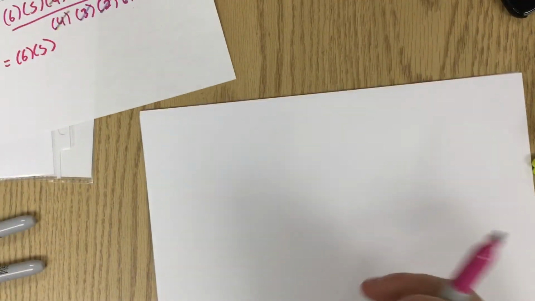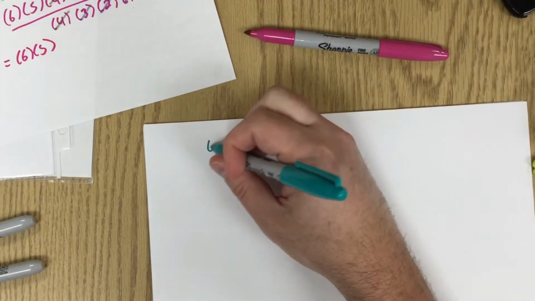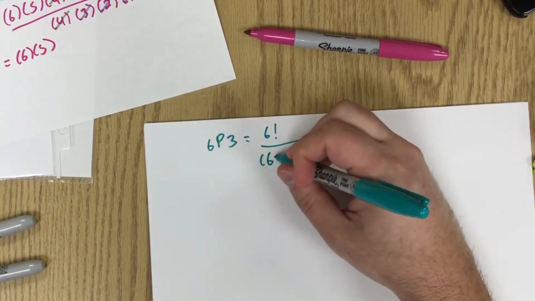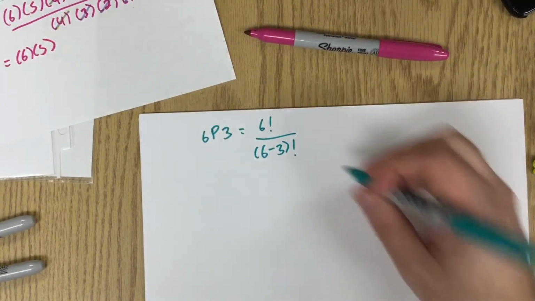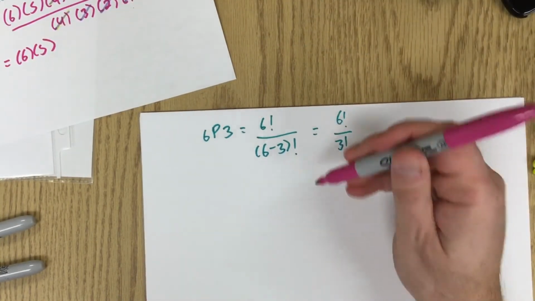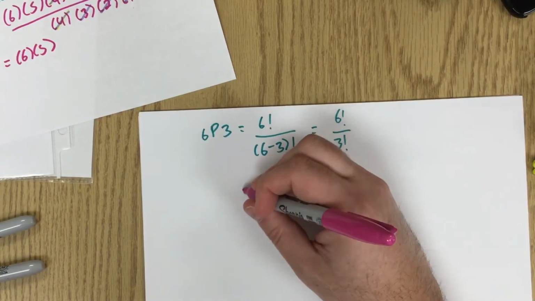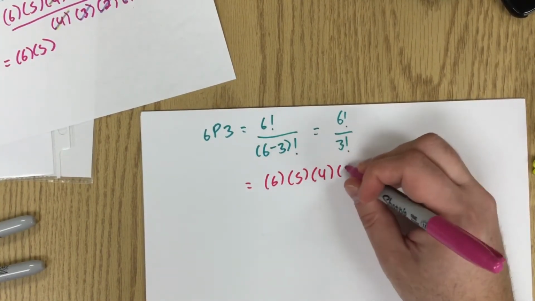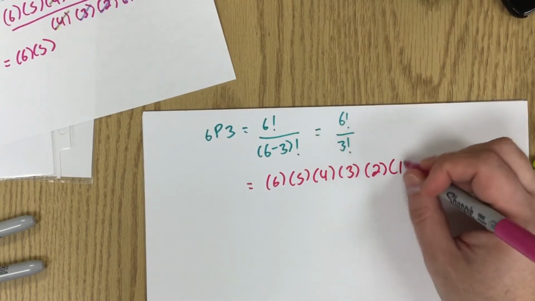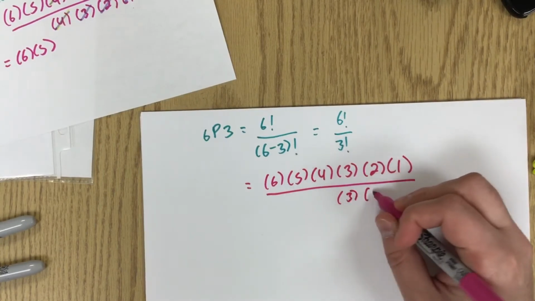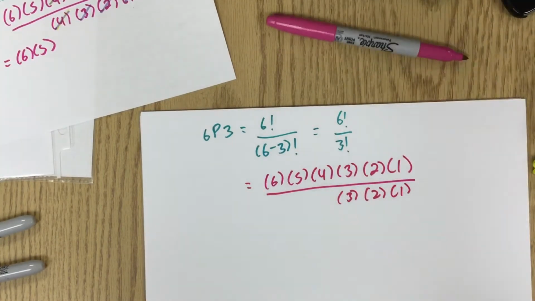Now let's say we had 6 pick 3. That would be 6 factorial over (6 minus 3) factorial, which is 6 factorial over 3 factorial. 6 factorial is 6, 5, 4, 3, 2, 1, divided by 3, 2, 1, and then things cancel.